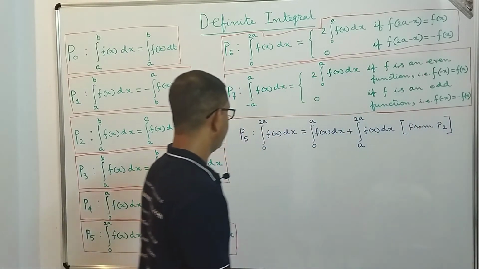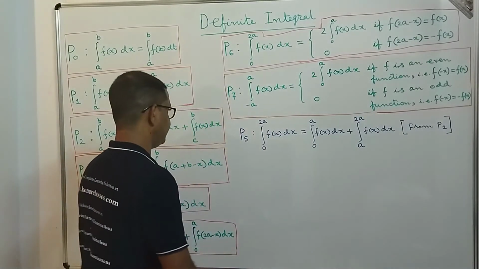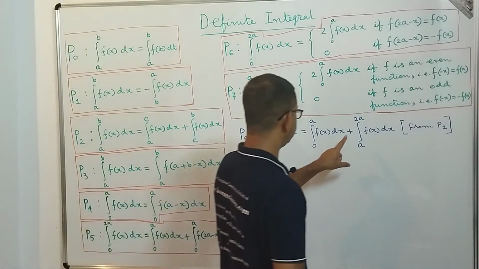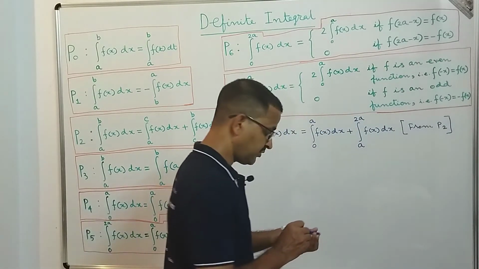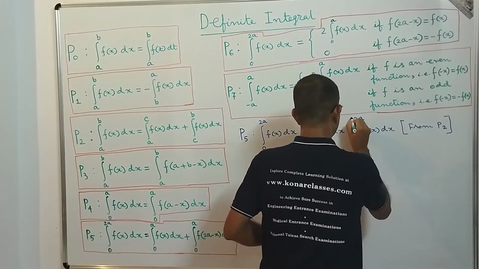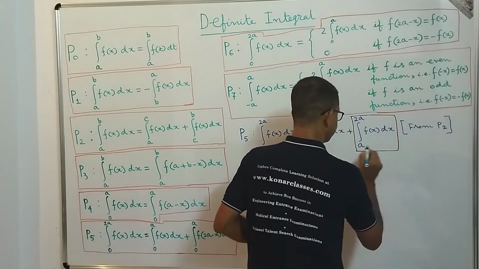Now what we can do is let the integral 0 to a of f(x) dx stay as it is. Now let's concentrate on the integral a to 2a of f(x) dx. Let me use a different color. We just want to concentrate on finding the value of the integral a to 2a of f(x) dx.